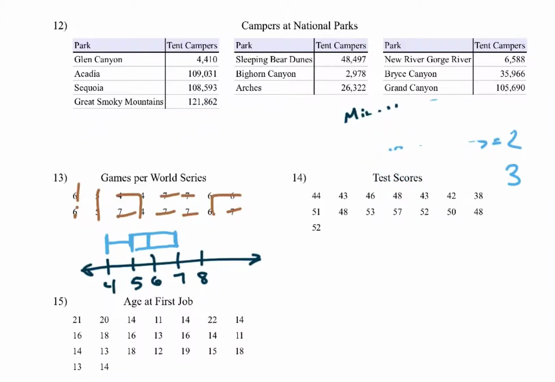Now let's do the test scores. Love me some test scores. So again, we need that number line. Looks like we're going from about 40.